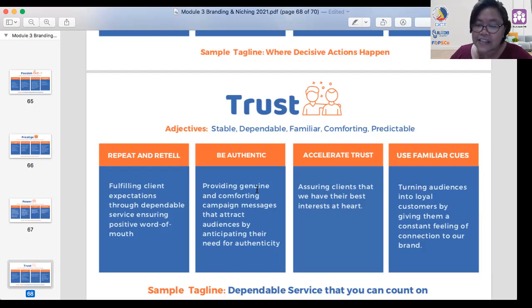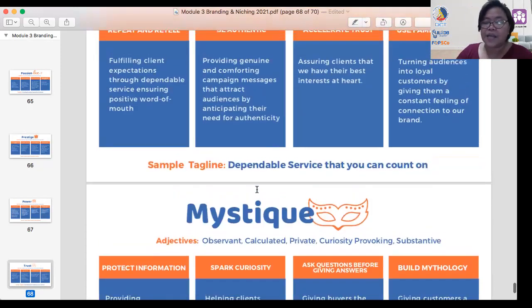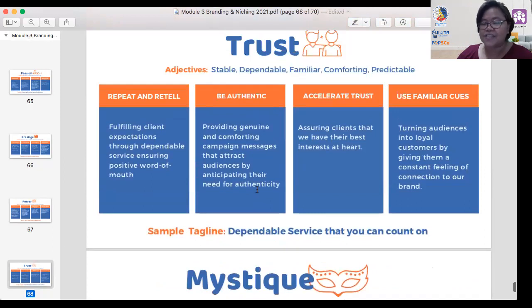And then accelerate trust, assuring clients that we have their best interest at heart. So dapat yung messaging mo geared on that direction. No? Use familiar cues. So turning audiences into loyal customers by giving them a constant feeling of connection to our brand. Sample tagline, dependable service that you can count on.